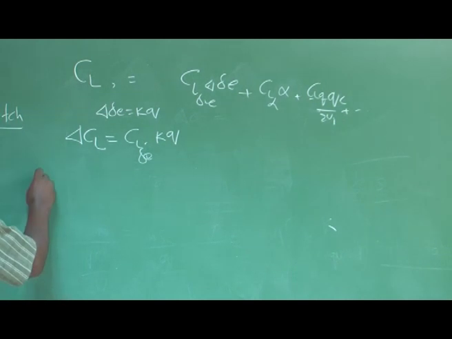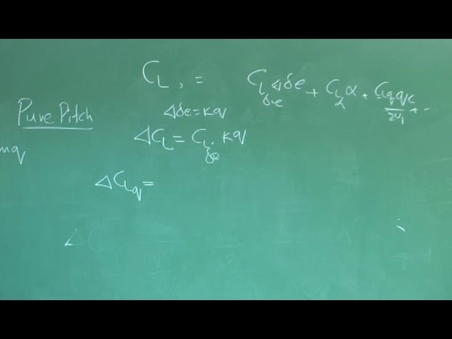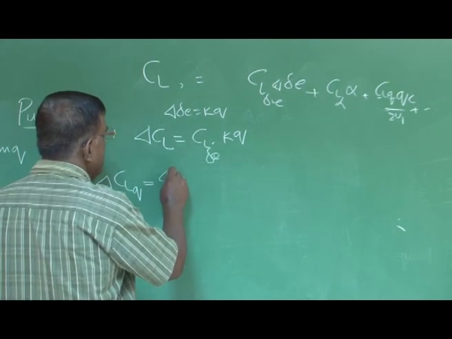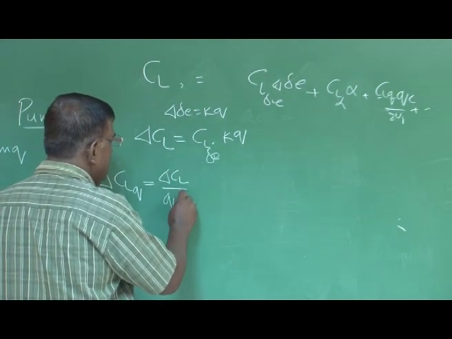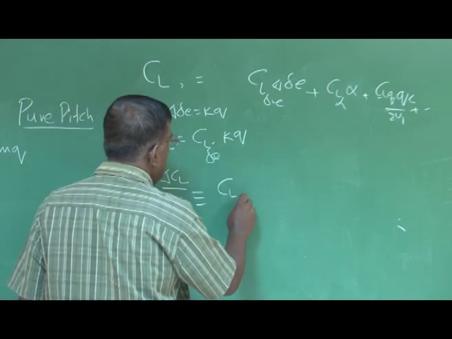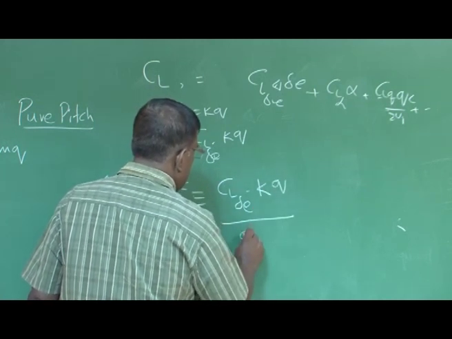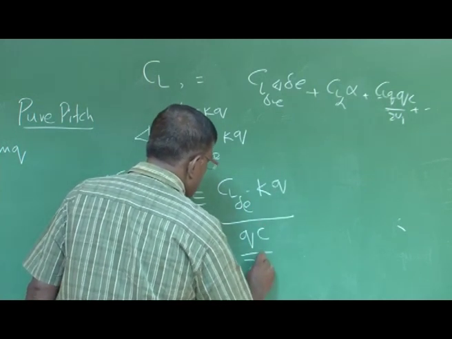So again, you find an additional CLQ, delta CLQ, seen by the airplane, and that will be delta CL by Qc by 2U1, which is equal to CL delta E into KQ by Qc by 2U1.